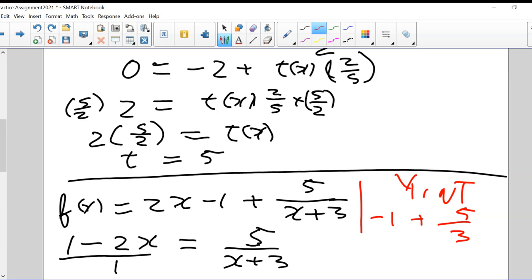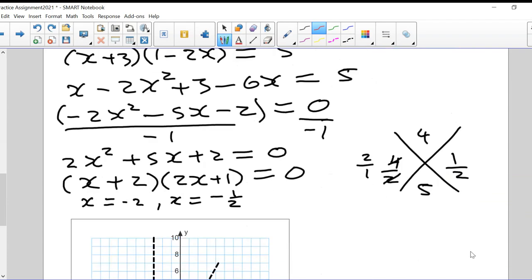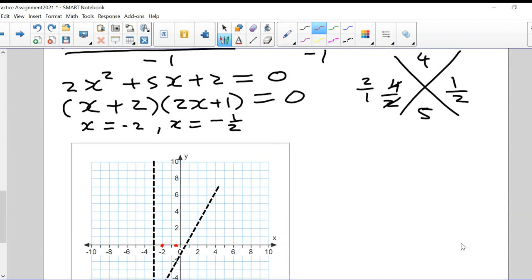Yeah, minus 1 plus 5 over 3. I think that's about right. So that looks like positive 2/3. You can double check that for me just to make sure I'm doing the right thing here. Yeah, I think that's 2/3. So 2/3 should be somewhere around here.